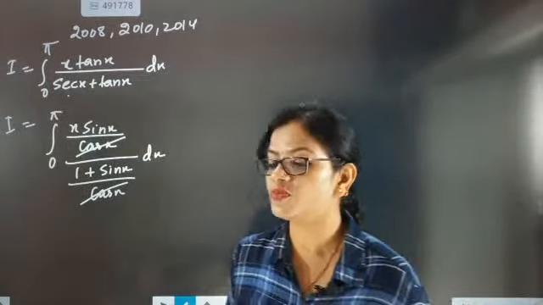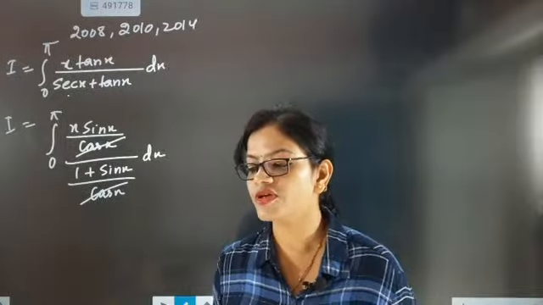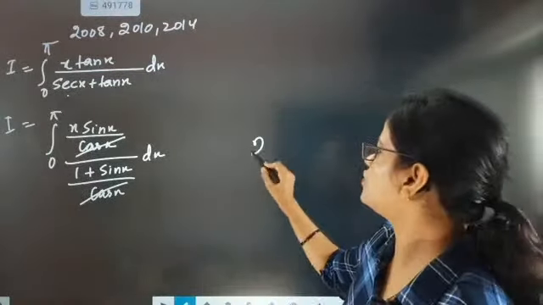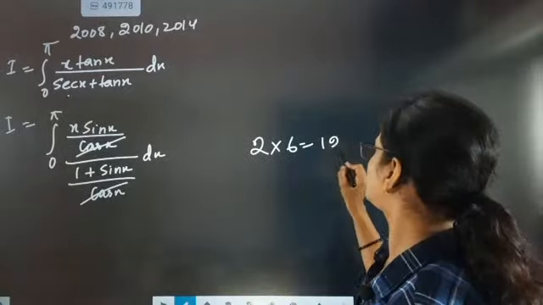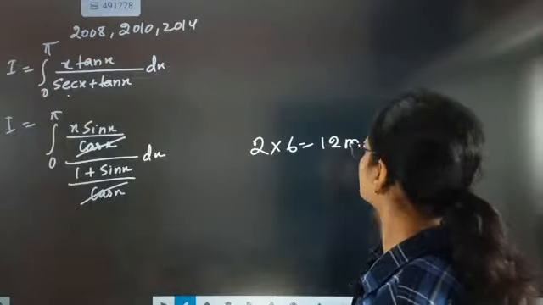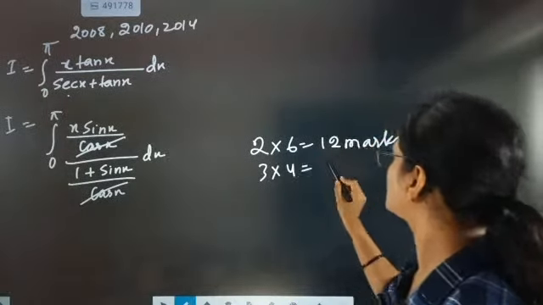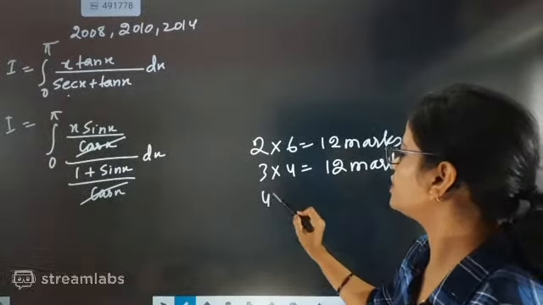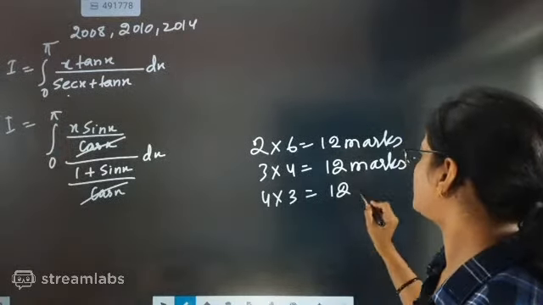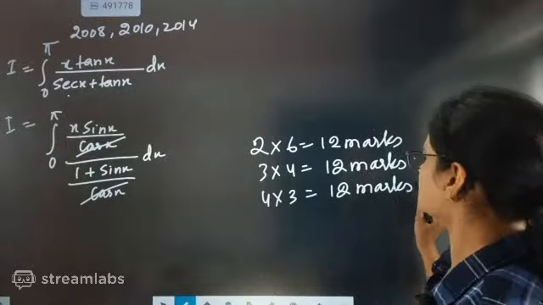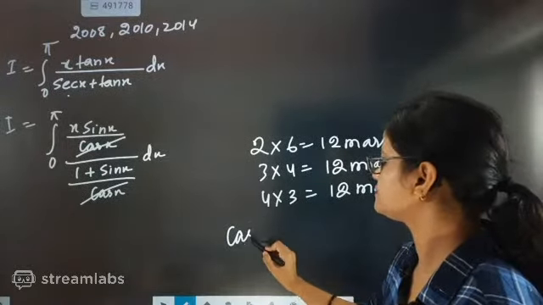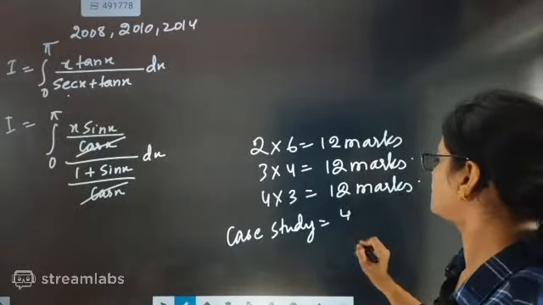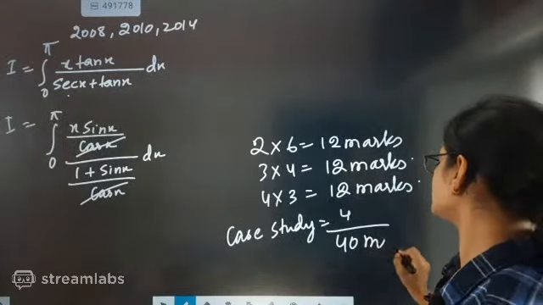But beta, since this time the pattern of the question paper is 2 into 6, 12 marks, 3 into 4, 12 marks, 4 into 3, 12 marks, case study 4, 40 marks.